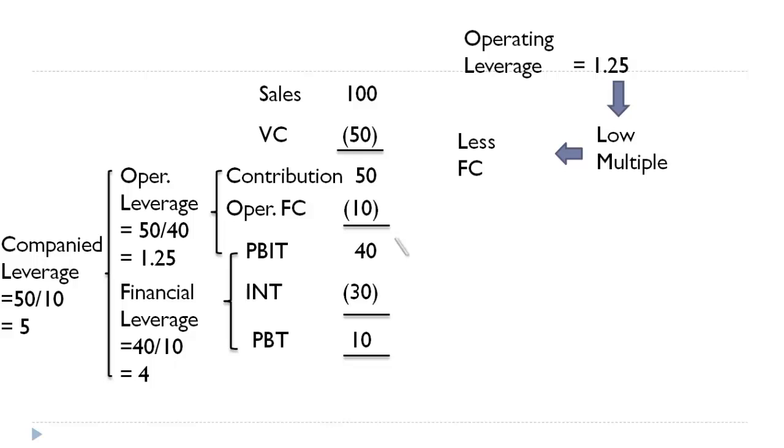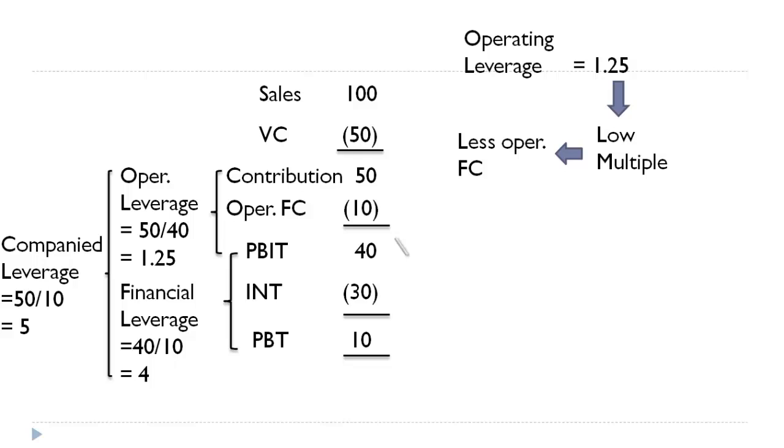So now you have operating leverage of 1.25, which tells you there is a very low multiple, or I would say there is lesser operating fixed cost, because you had a contribution of 50, still you have a PBIT of 40. It means only 10 has been used for operating fixed cost. It means the contribution is 1.25 times of PBIT.